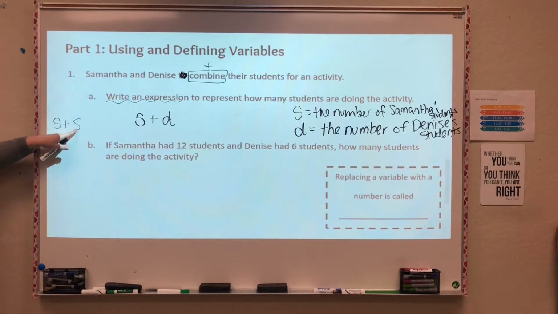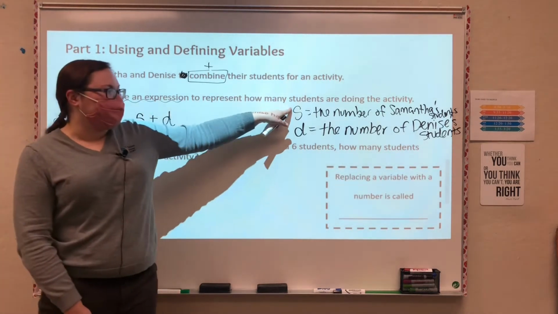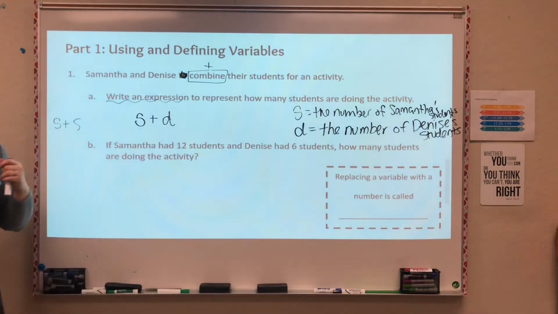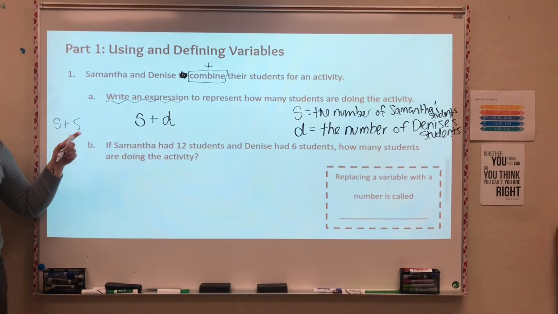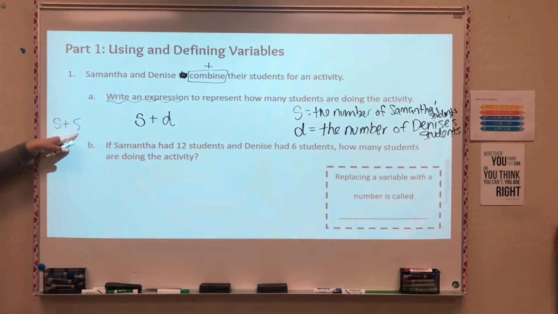What if they write S plus S down and they tell you S represents the number of Samantha's students, and the other one is S for the number of students? Can I say S represents the number of students I have, and S also represents the number of students Denise has? No. Why not? Just have to make it clear. You have to make it a different letter.